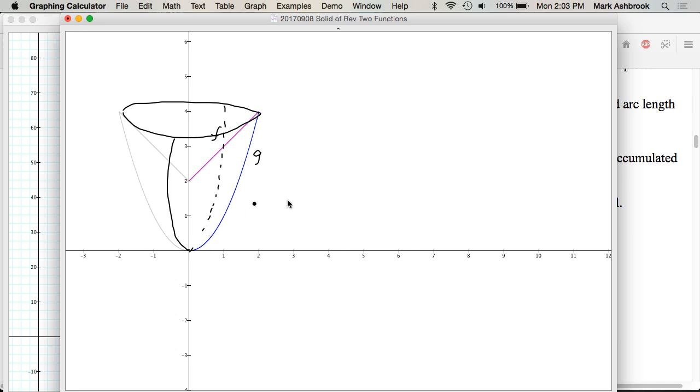Okay? So if we're to chop this up in delta x intervals first, what would a typical cylinder look like?